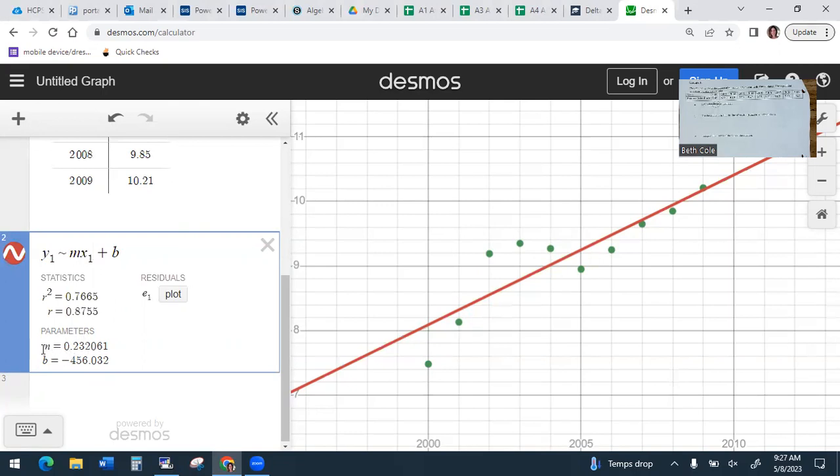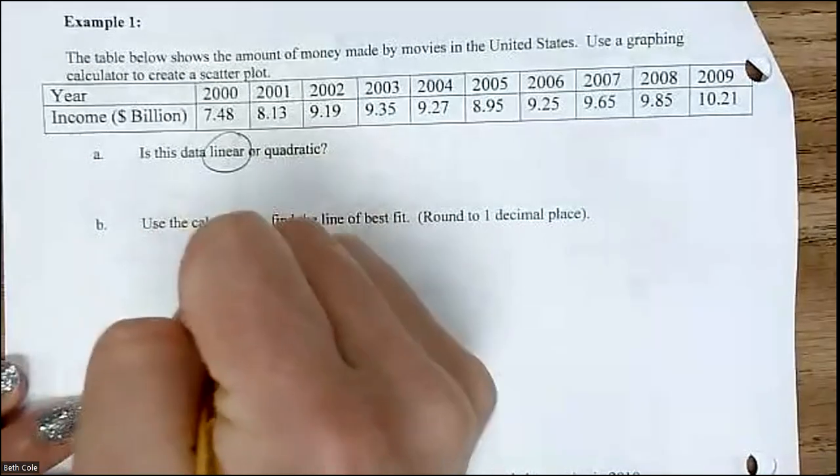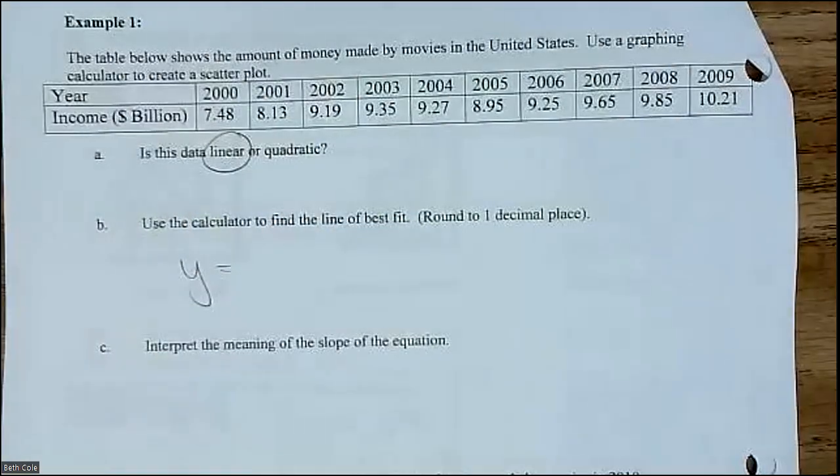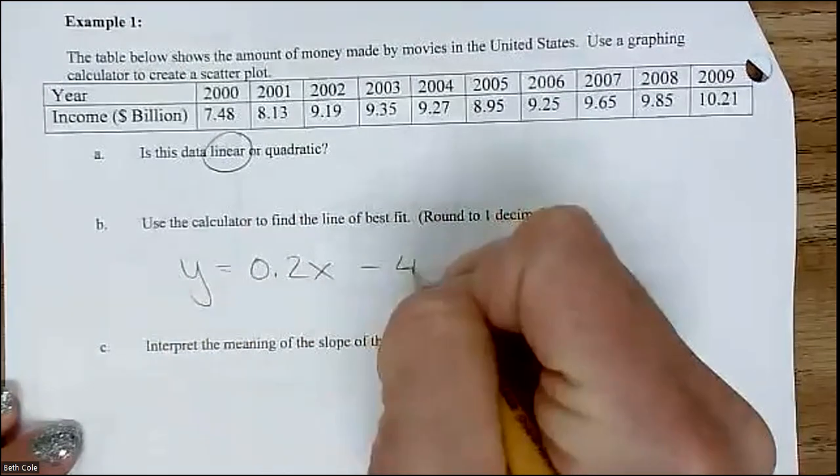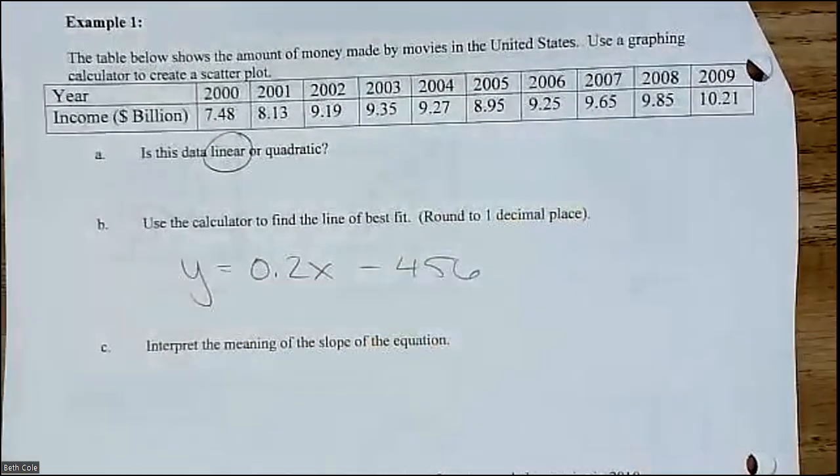Put 0.2x and then minus 456. I guess just 456 because it's 0.0. Okay. So it's y equals, oh gosh, I forgot what it was already. Was it 0.2x minus, was it 456? Okay, it was 0.03, so I'll just leave it 456.